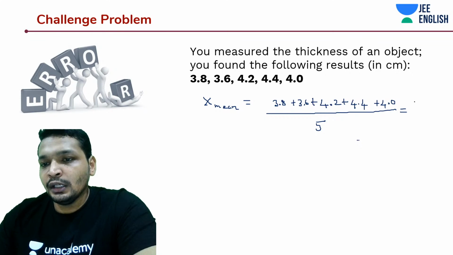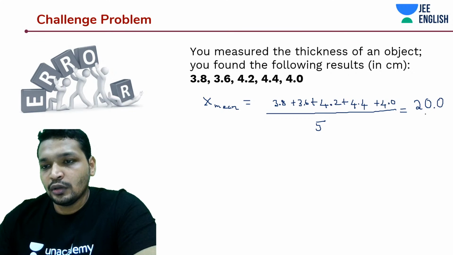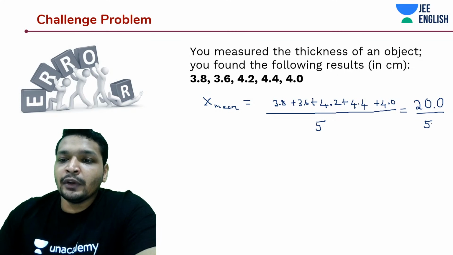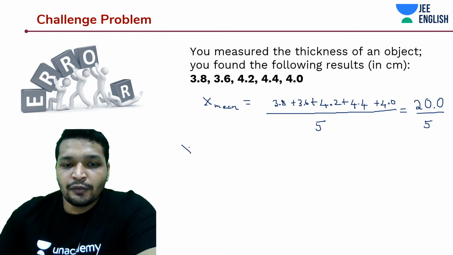So it should be only 4.0, right? X mean is nothing but 4.0.